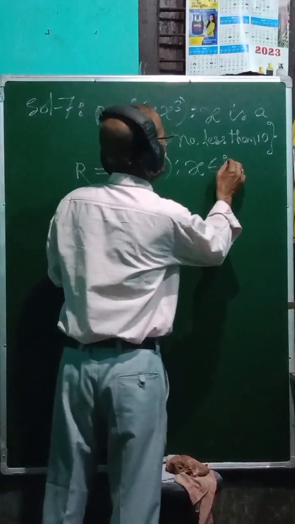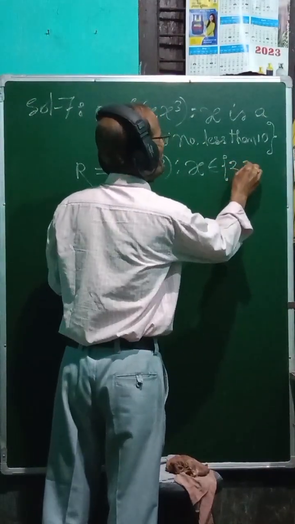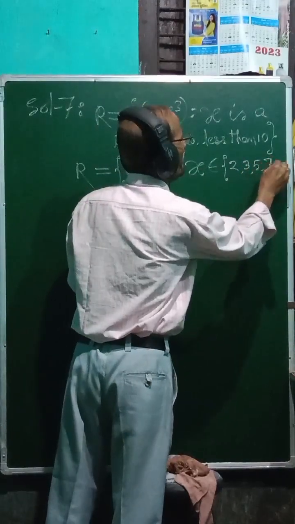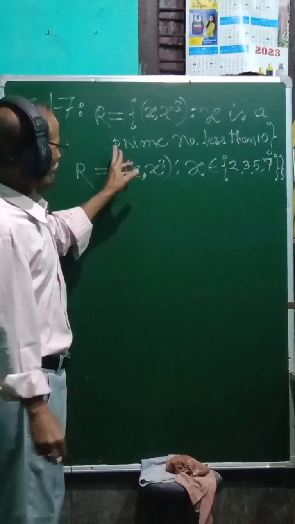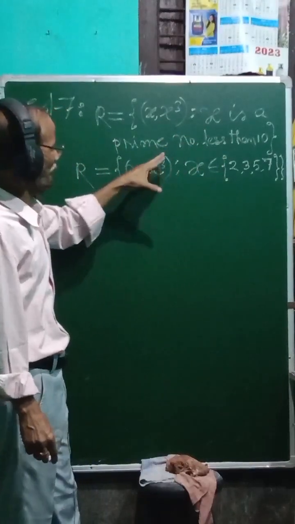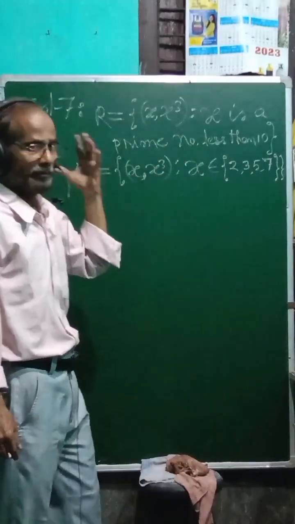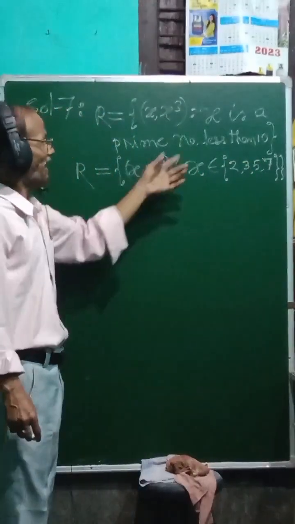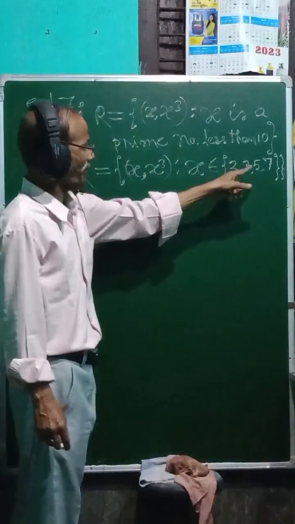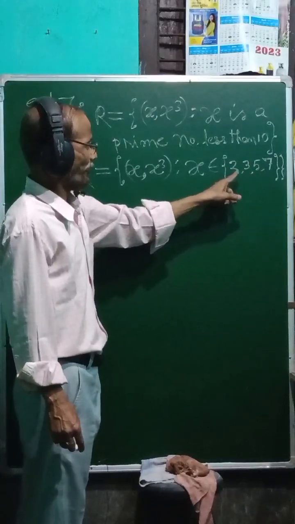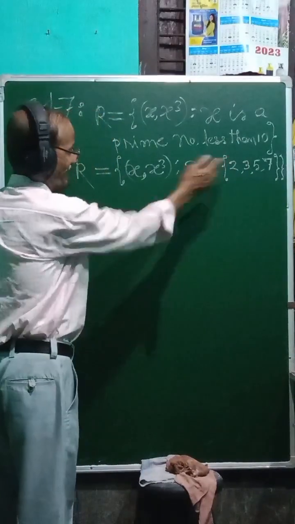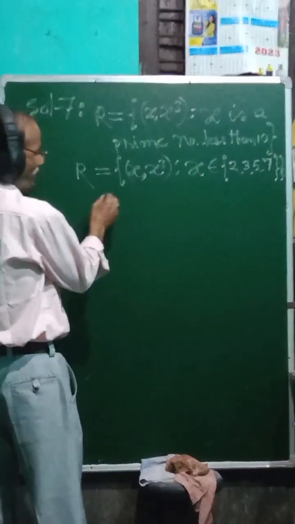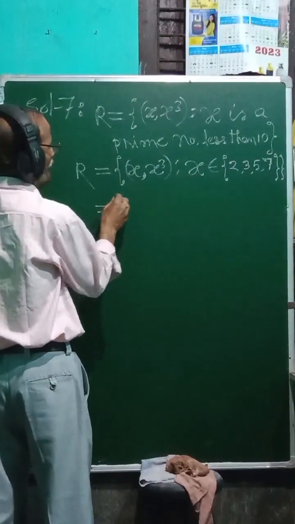So first prime number is 2, then see 3, after that 5, after that 7. Because in this statement it is difficult to immediately get a mental picture of what the numbers are. So first I convert them by thinking here like that: 2, 3, 5, 7. Then immediately I can see by seeing this condition, and I can fill up the roster form.